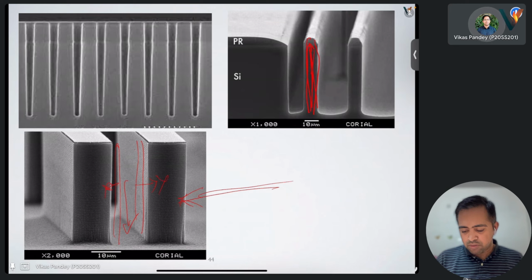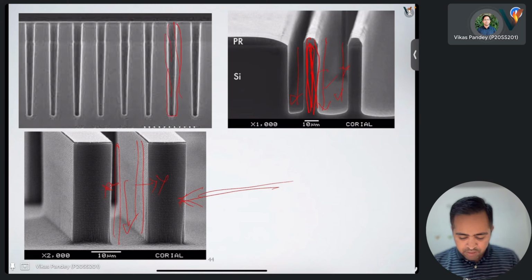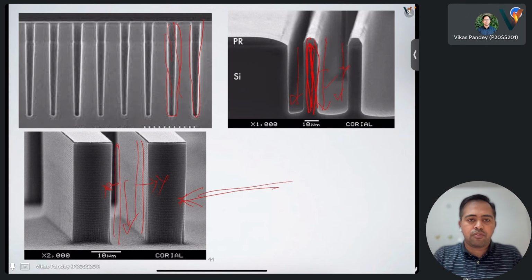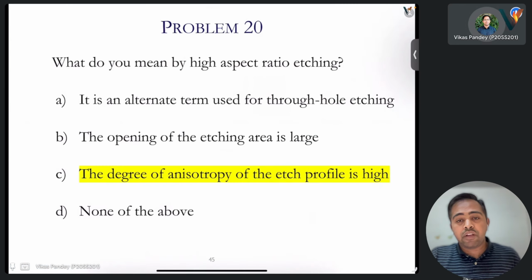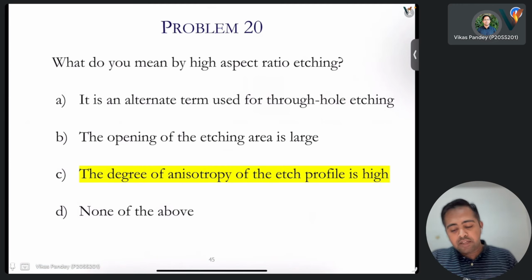Most of the etching is in this direction and not in the sides. In this case also, it is not perfectly a rectangular profile. It has tapered inside, but still it is very anisotropic. So the degree of anisotropy of the etch profile is high, and that is called high aspect ratio etching.